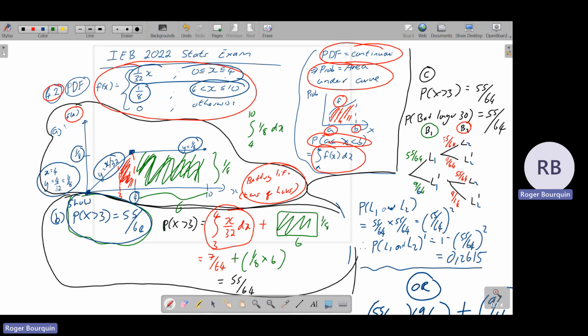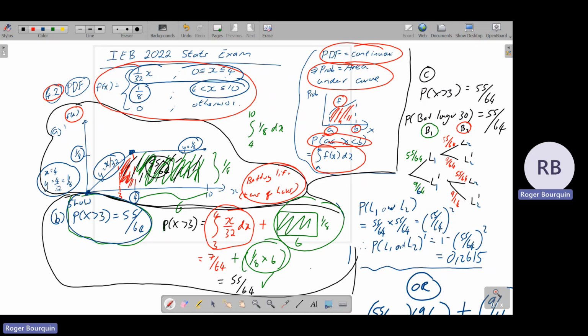Then this area over here is the area of a rectangle, length times breadth, so it's 1 over 8 times 6. I end up, as I hoped for, with the probability that x is greater than 3 being 55 over 64. So this whole area under that curve is 55 over 64.